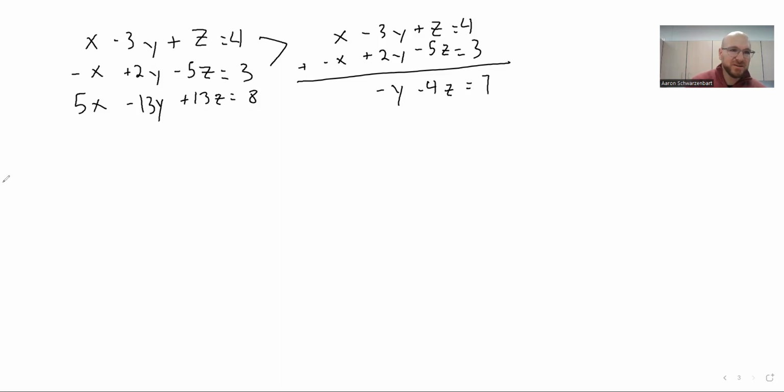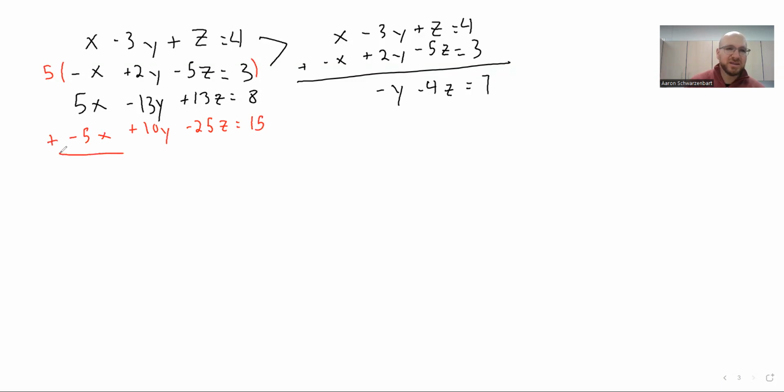My second one, I'm going to do 2 and 3 because I want to do 2 and 3. Then I can multiply by a positive. I could multiply the bottom one. I can't do 1 and 2 again, so I have to do something else. Negative 5x plus 10y minus 25z equals 15.